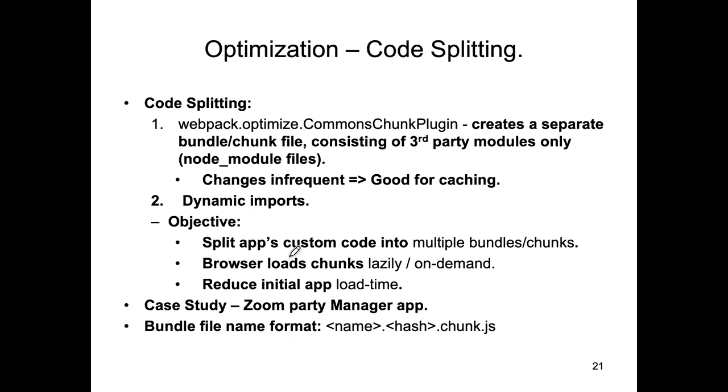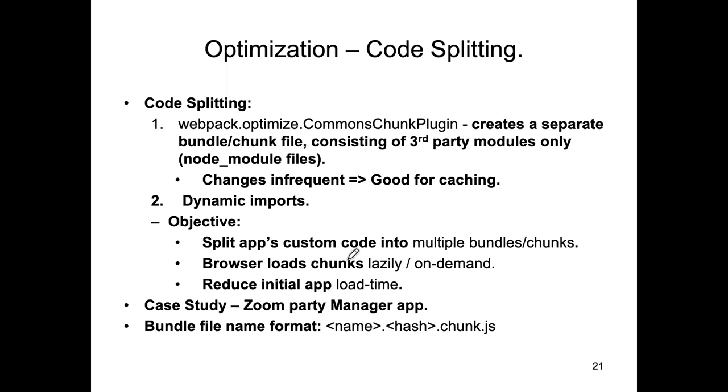Any React components that are used in the creation of other pages in our React app, we don't really need those yet. So the browser loads chunks lazily, or on demand. It only loads the chunks that contain the components it needs in order to render a particular page.